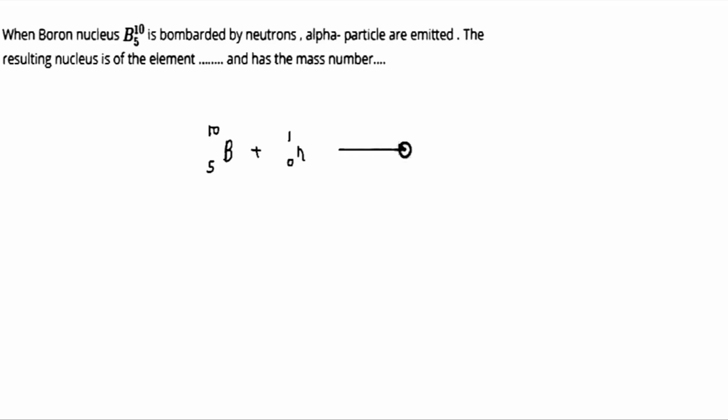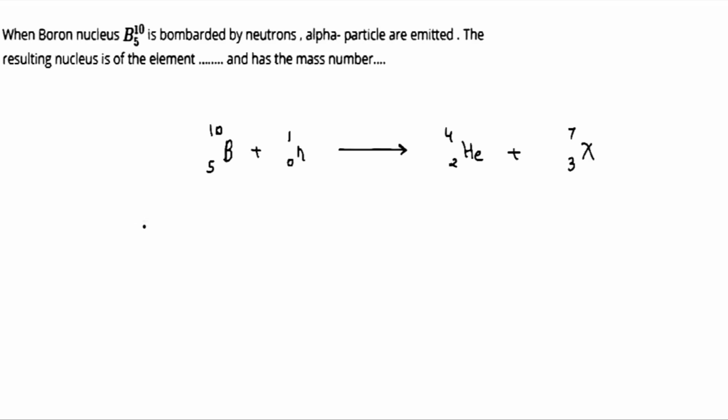When this is incident on boron, an alpha particle is emitted. An alpha particle is nothing but a helium nucleus having a mass number of 4 and atomic number of 2. So what we are left with is a new nucleus having a mass number of 7 and atomic number of 3.